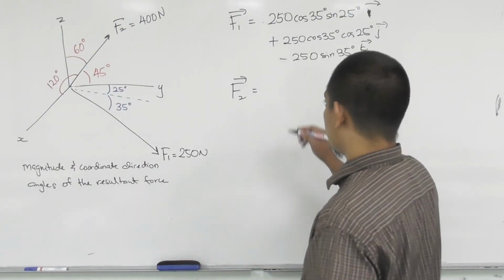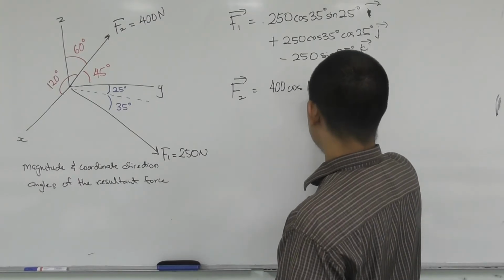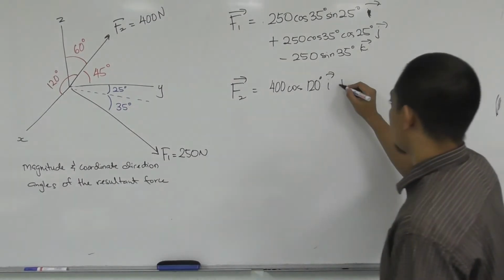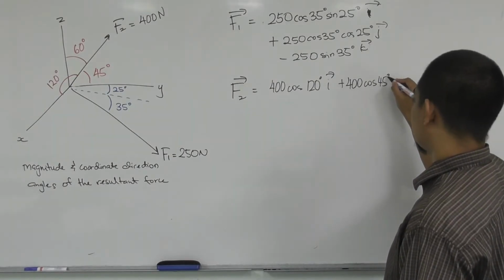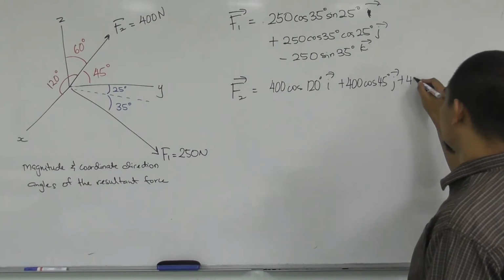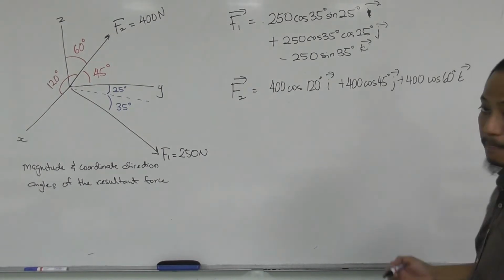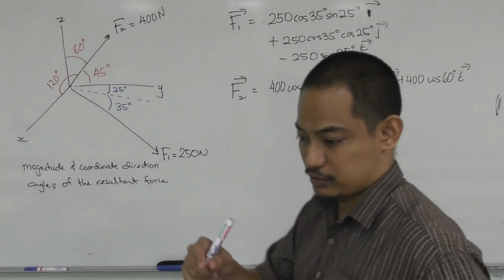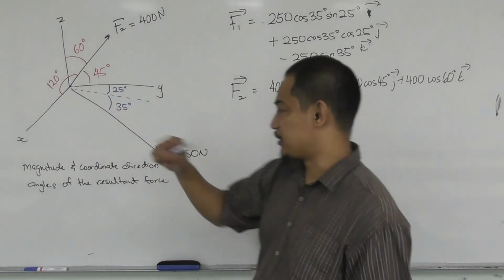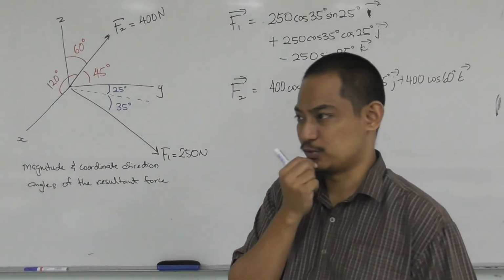So basically straight away you have 400 cos 120 i plus 400 cos 45 degrees j plus 400 cos 60 k. Alright, so it's straightforward like that. If you have alpha, beta, gamma, you just plug in alpha, beta and gamma, right? You do not need to do anything else.